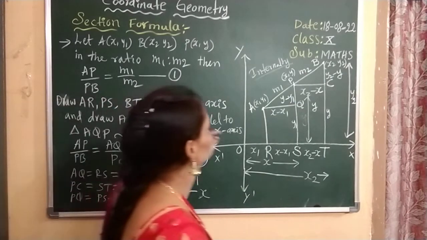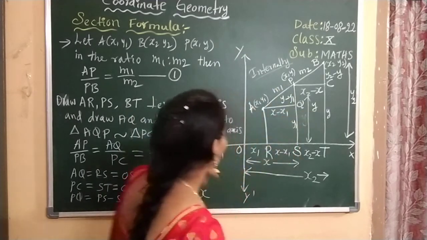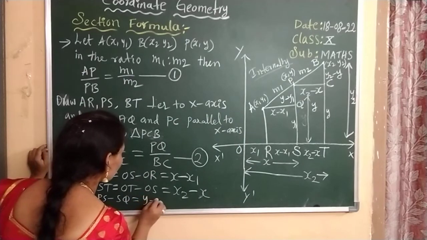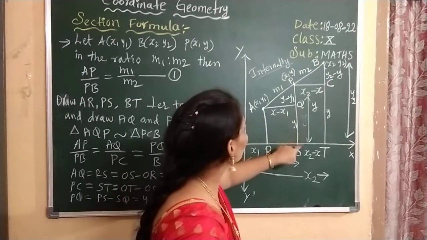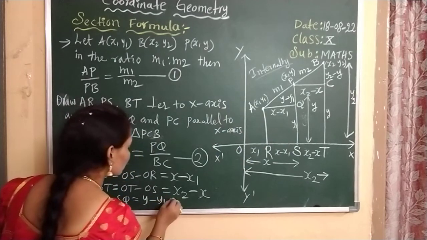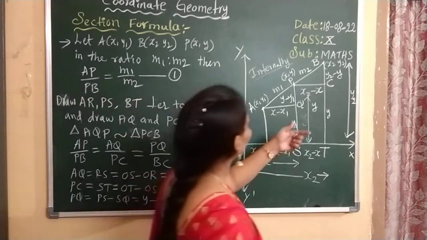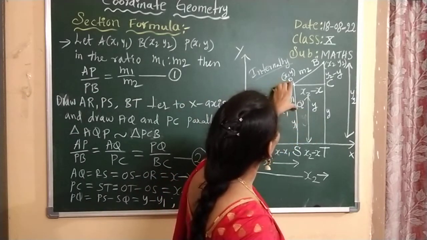What is PS here? PS is y. So y minus SQ. SQ is what we took as y1. So y minus y1. Here we got PQ.